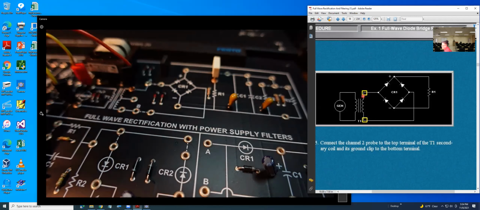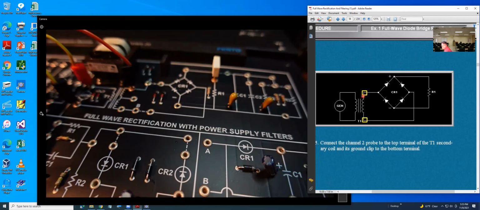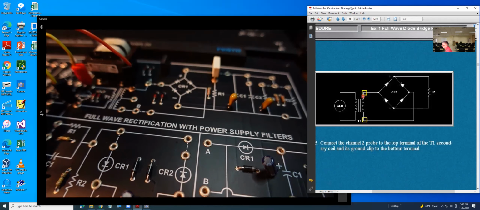Okay, my circuitry connection, something is still not right. Who knows? I'm not talking about the connection for the scope or generator.